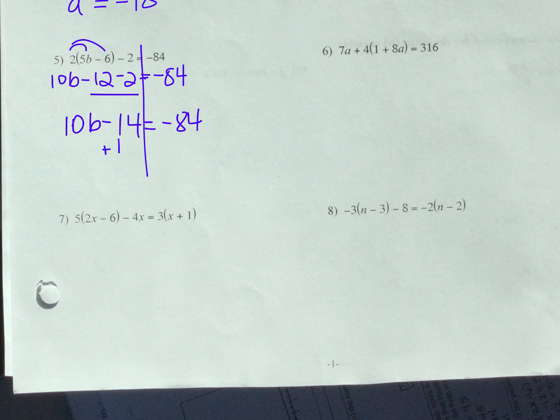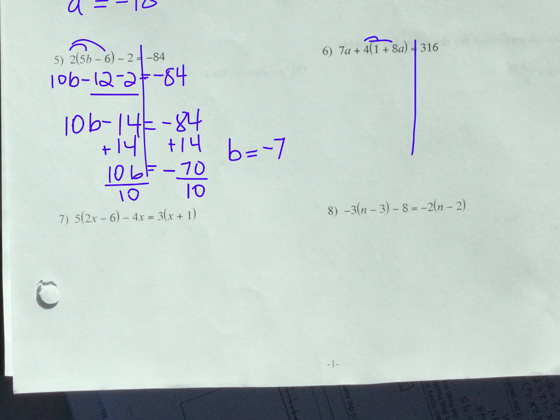I'm going to add 14 to both sides. 10b equals negative 84 plus 14. That's negative 70. Now I divide by 10. b equals negative 7.